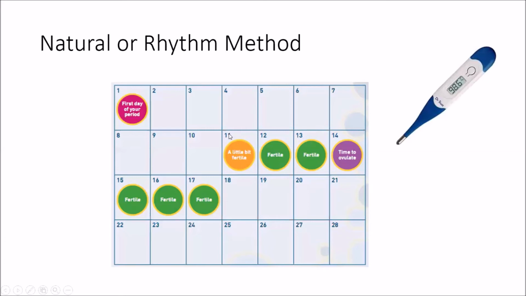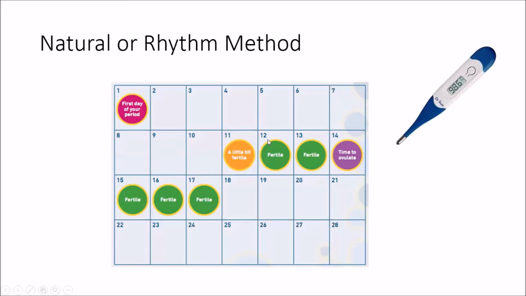So if sex was to happen during this time period here, pregnancy could occur, because like I said, sperm can live for up to 5 days. So if it was to happen on day 11, you have 1, 2, 3, 4, 5. That's still enough. That's still within the period where the female would be fertile.